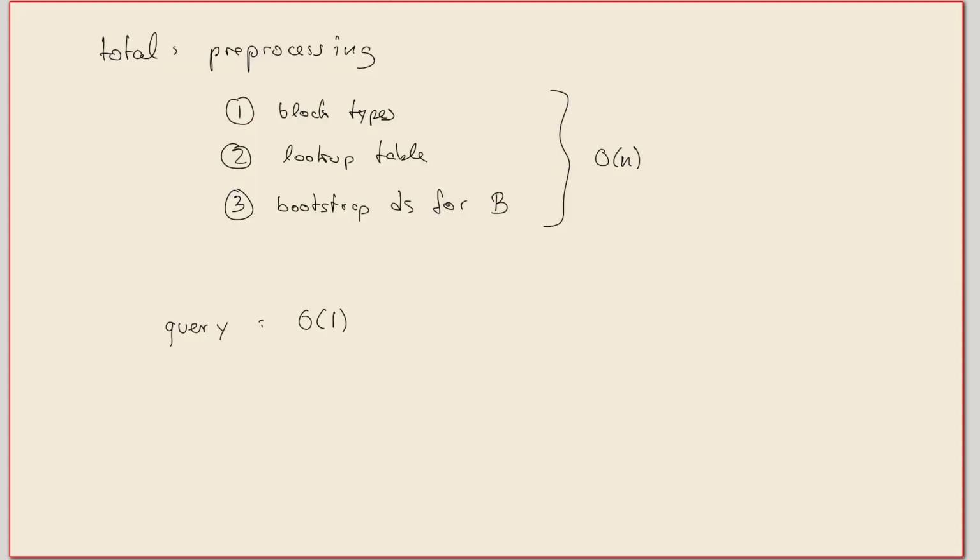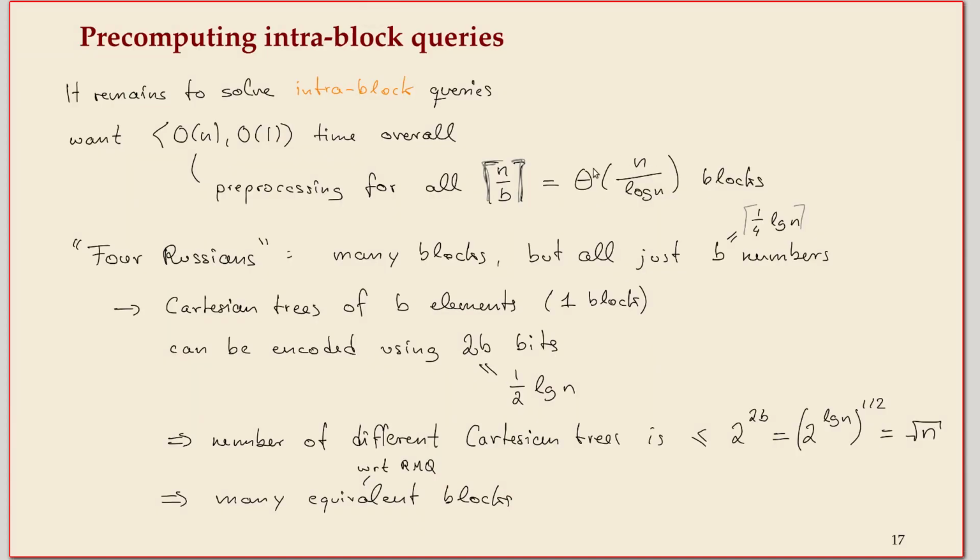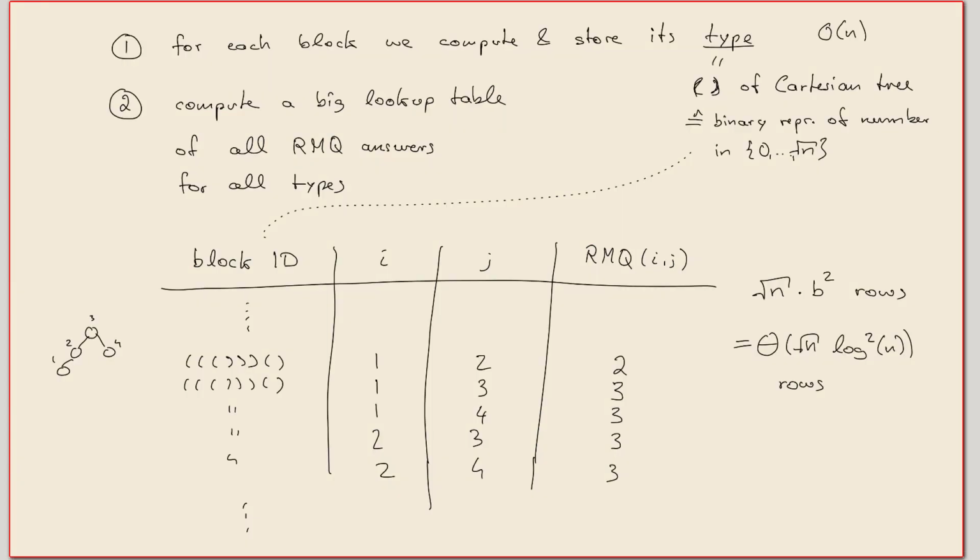So again, the table lookup trick really is to exploit that we have many of these blocks, but only few different types, only few that really give different answers for the queries we look at, range min in this case. And the technique is more general than that. So we fill this lookup table for all the different nodes instead of pre-computing the answers for every single block, where many of them would have the same answers anyways.